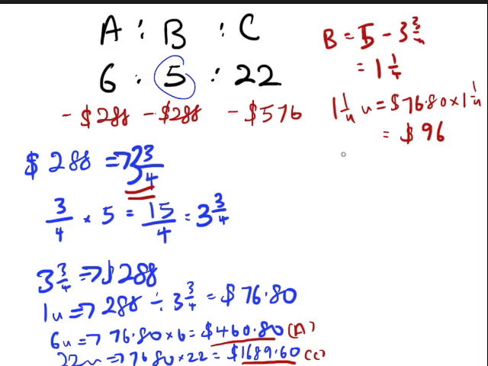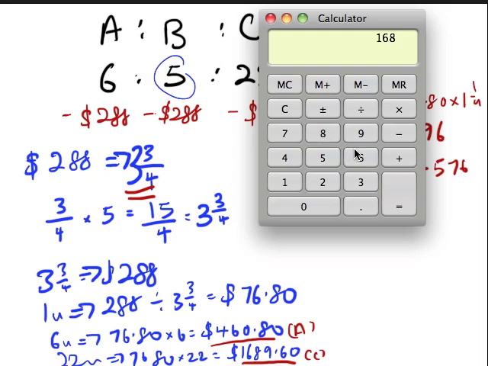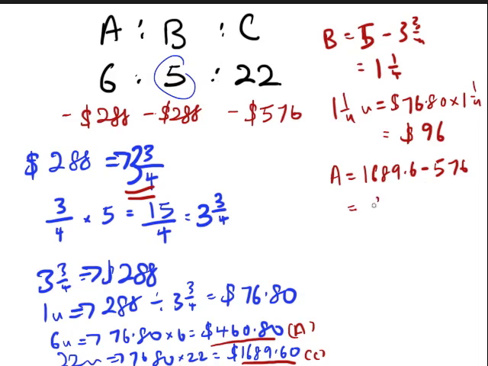How much did C have left? C had 1689.6 minus 576. The answer is 1113.6.